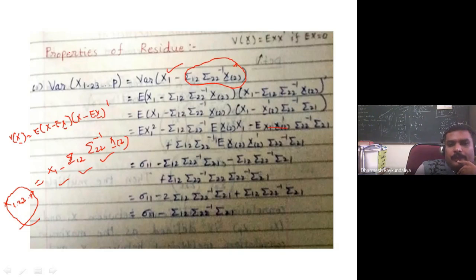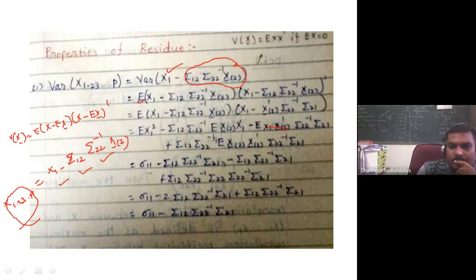Okay, we will use the same formula. So here what is the variance of x1 dot 2 3 to p? It is nothing but variance of x1 minus sigma 1 2 sigma 2 2 inverse x2, and this is written in this form. Now you can multiply.